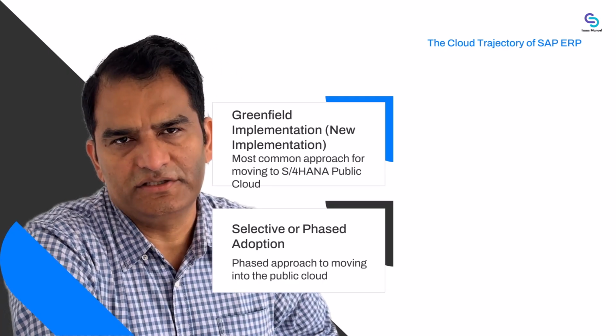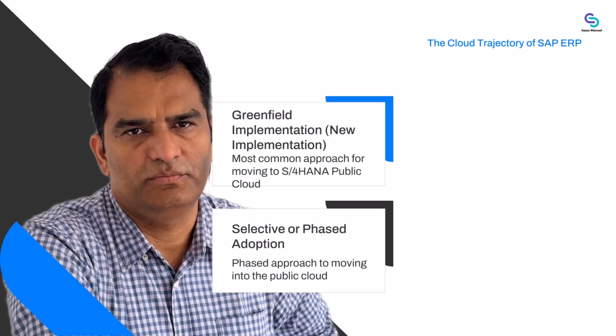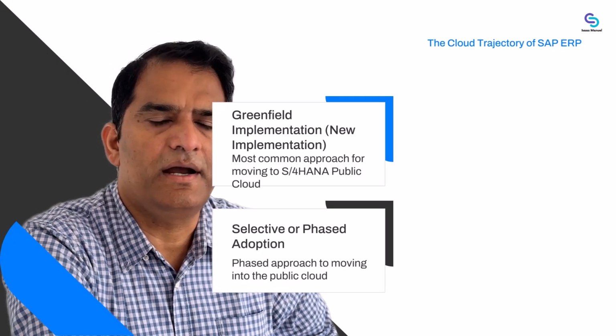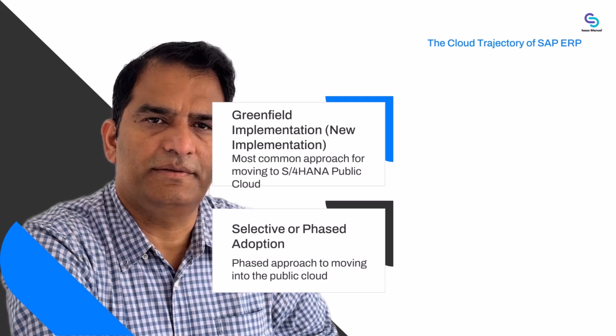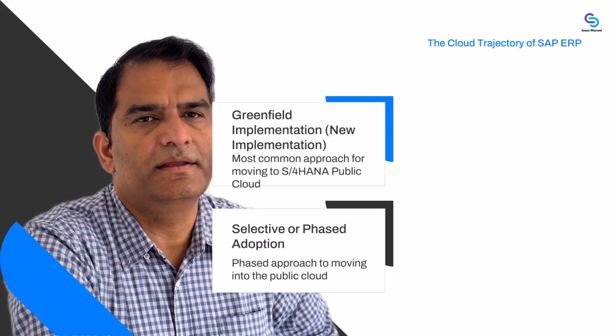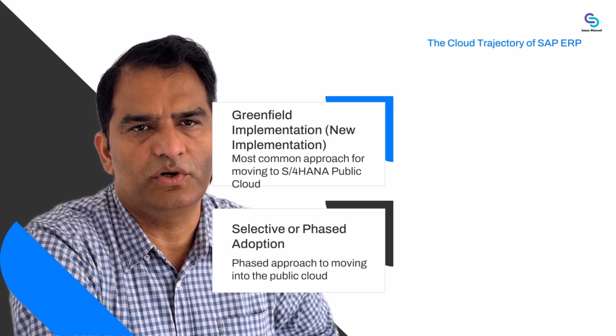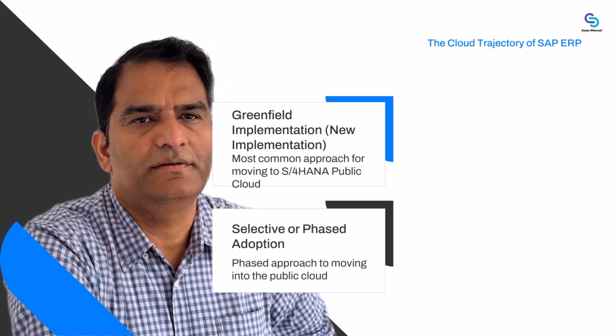Another phased strategy is to move module by module. For instance, start with implementing SAP S/4HANA Cloud for finance while leaving manufacturing on the old system, then gradually bringing more scope into S/4HANA Cloud.